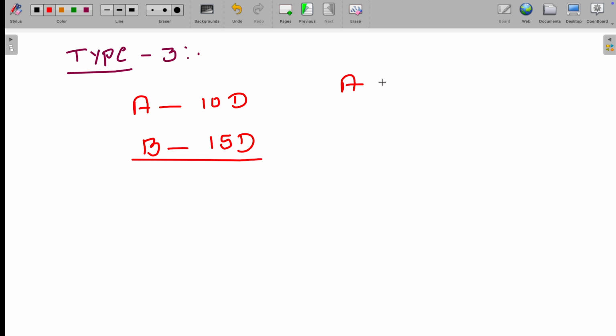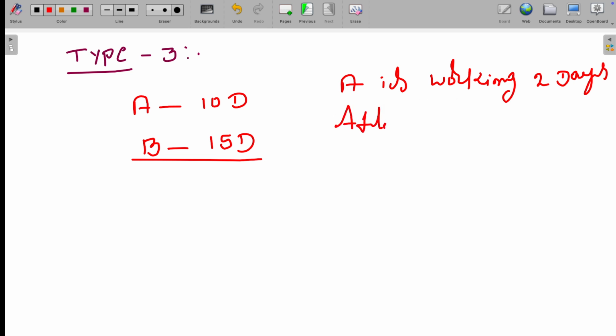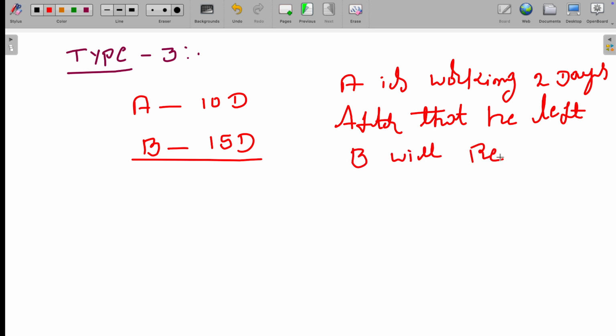A works for 2 days, and after that he left the job. Then find in how many days B will do the remaining job. B will do the remaining job in how many days? This is the question here.